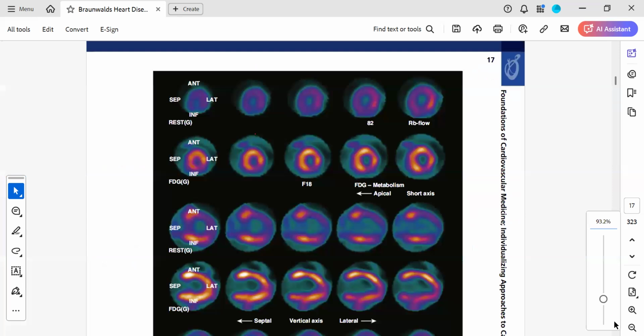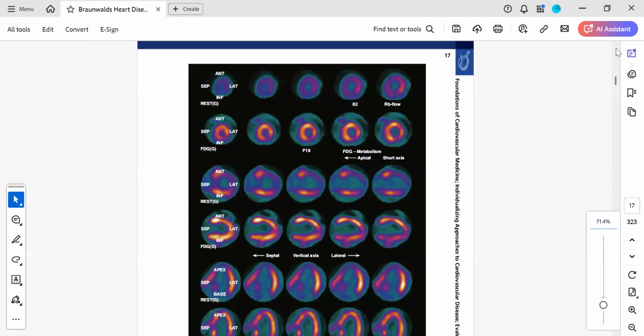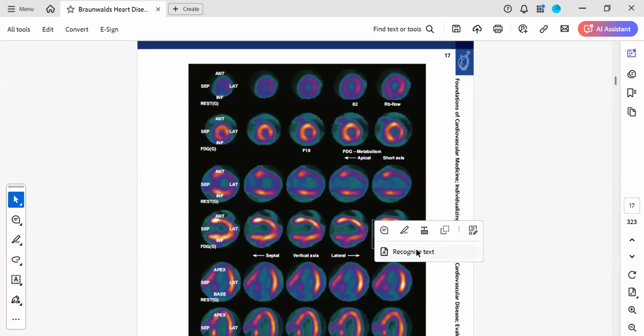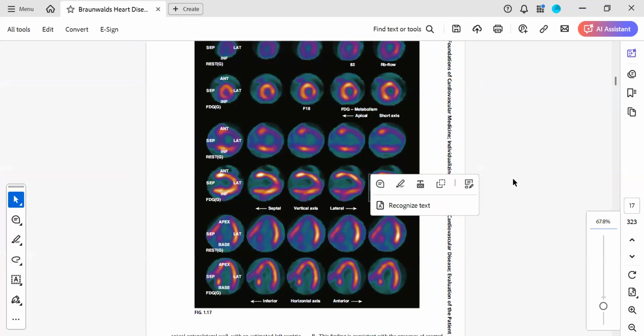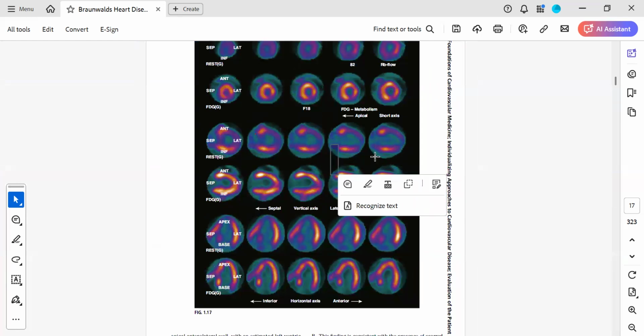The first row is at rest, the third row is at rest, the fifth row is at rest. That means the patient is lying on the table, not doing any activity, and you inject the radioisotope agent, and that camera will pick the flow through the myocardium. Do you get that, man?